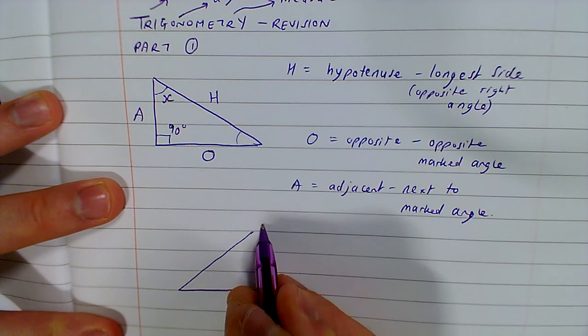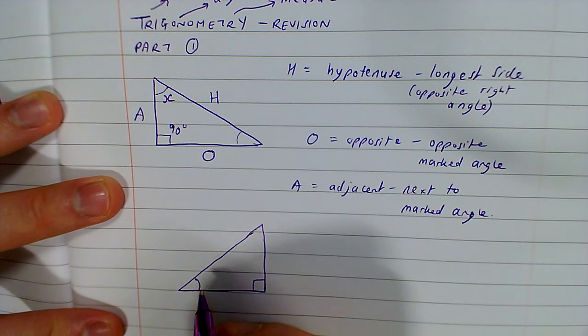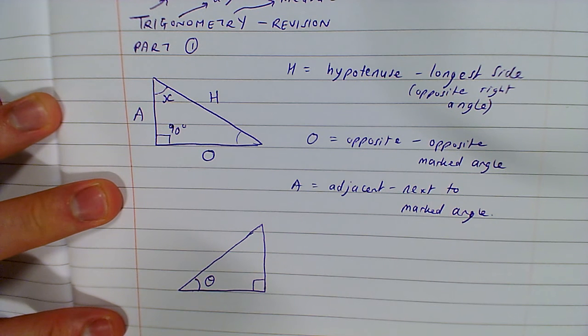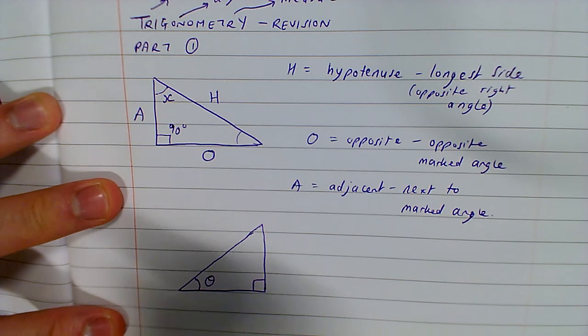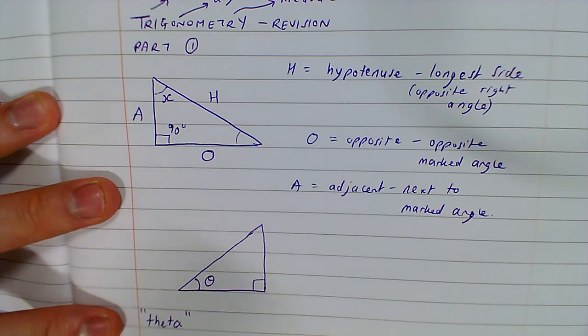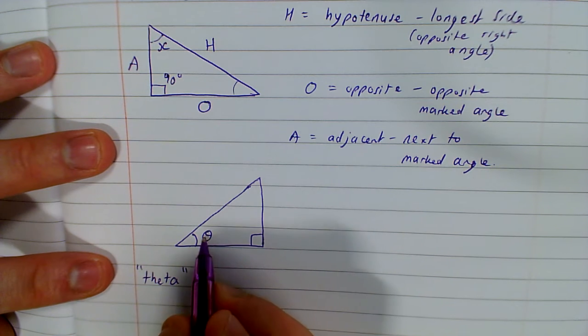Now, in that case, the marked angle was X, but as we've seen, we often use this symbol, which is a Greek letter called theta. And the reason why that's important is we often mark angles with theta, which is a little circle with a line through.